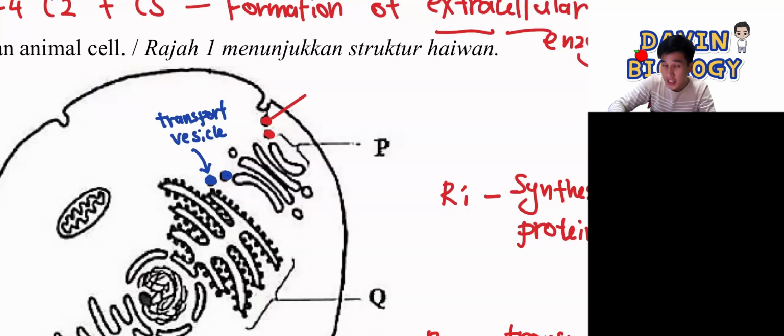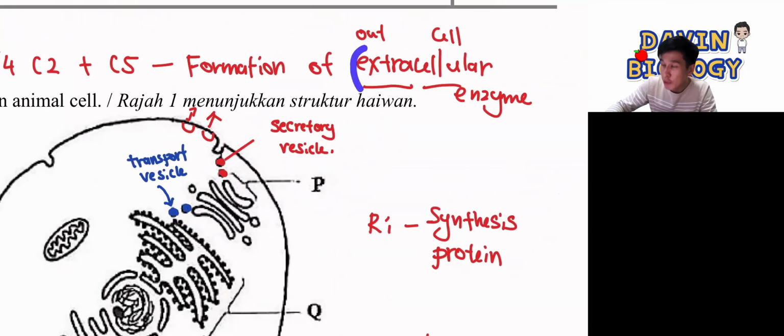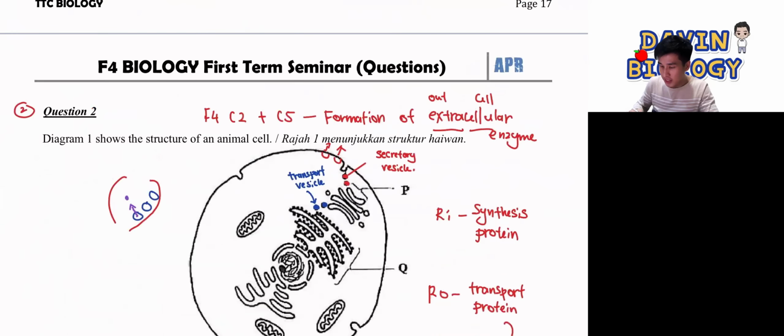So this other vesicle that I will package is called the secretory vesicle, very good. What does this secretory vesicle do? It will take the enzyme, fuse with the plasma membrane here and then release the enzyme out. So that's how I get extracellular enzyme. So secretory vesicle is the next thing.